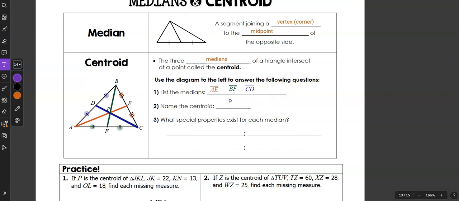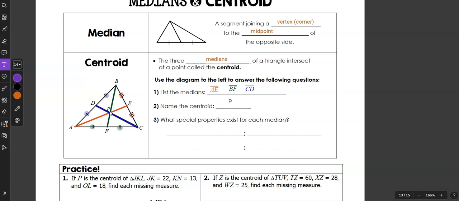Now, number 3 here asks, what special properties exist for each median? There's not anything indicated in the triangle that would help us out here. So we just want to let ourselves know that the longer portion of the median, which is from the vertex to the centroid, so that would be from B to P, A to P, or C to P, that portion of the median is twice as long as the shorter portion of the median.